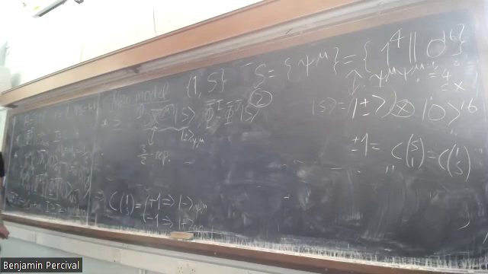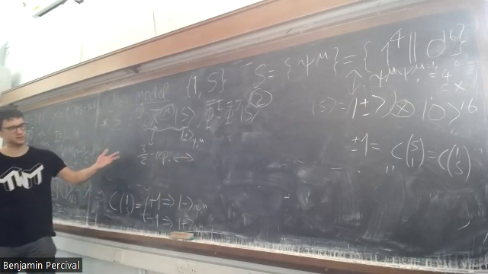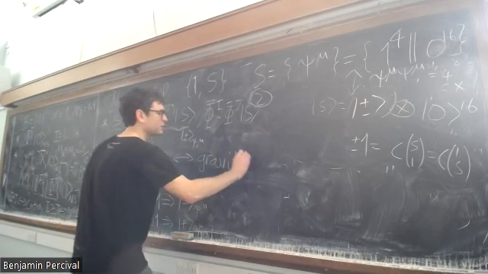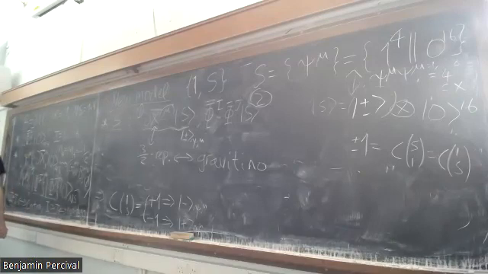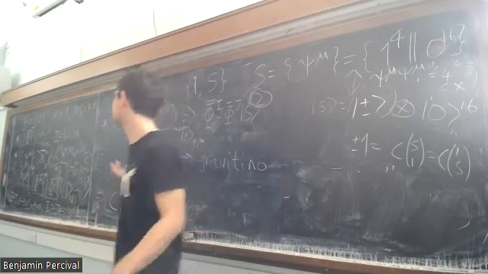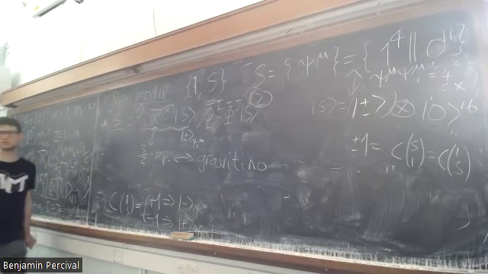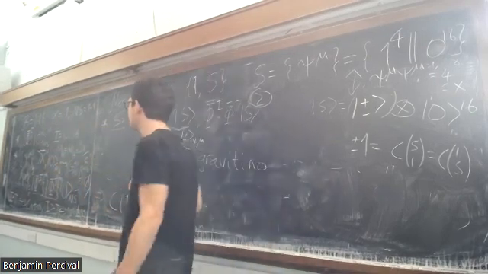So the spin of this is 3/2. That is what we call the gravitino, and in the language of supersymmetry it's the superpartner of the graviton. This state had spin equals 2, with mu and nu both acting as vector operators.